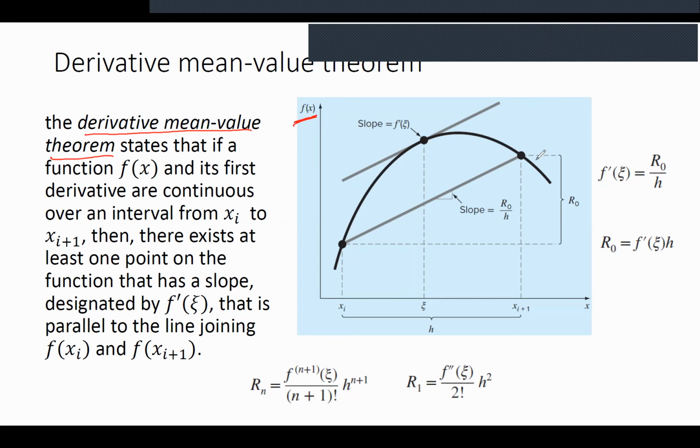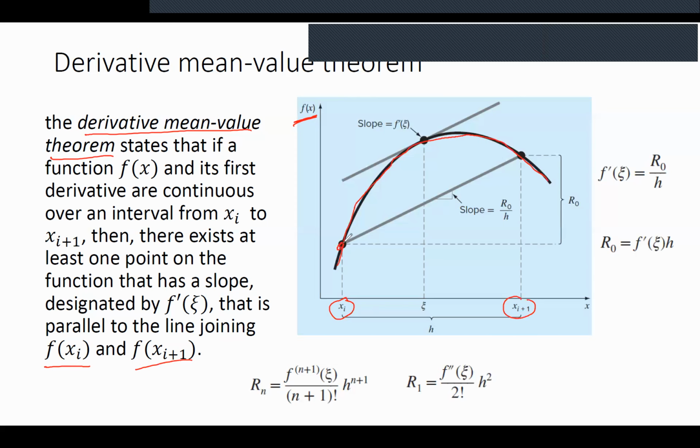And this theorem states that if this f of x and its first derivative are continuous over an interval of x_i and x_{i+1}, then there exists at least one point on the function. So there should be one point on this curve that has a slope designated by f prime of xi that is parallel to the line joining f(x_i) and f(x_{i+1}).